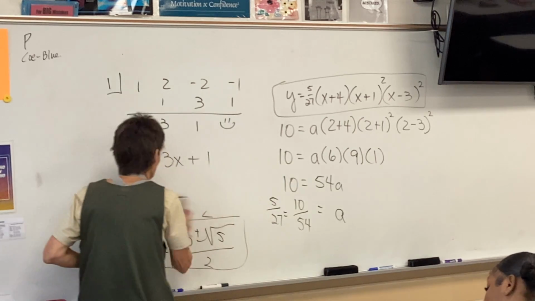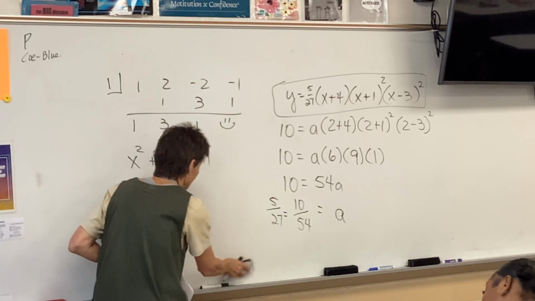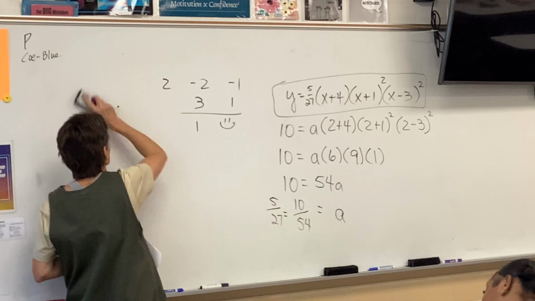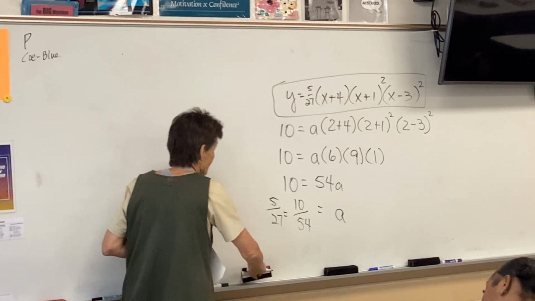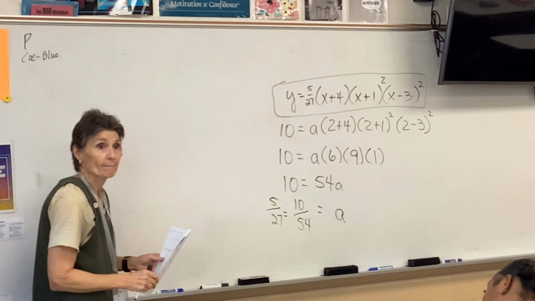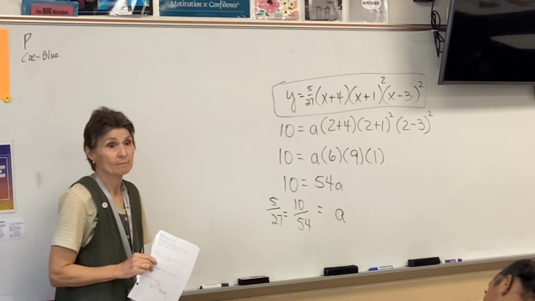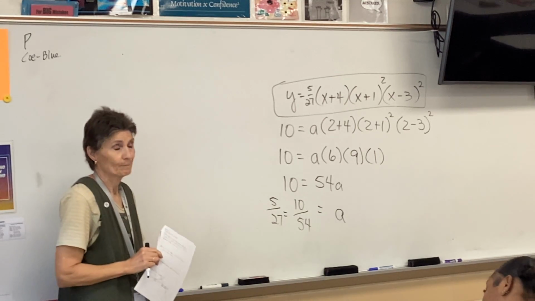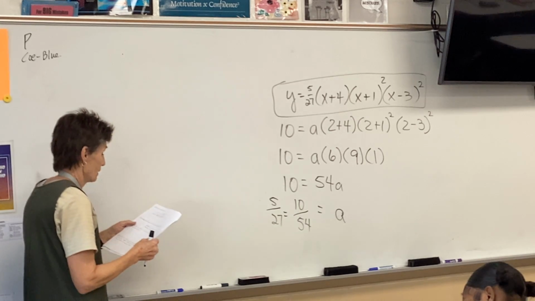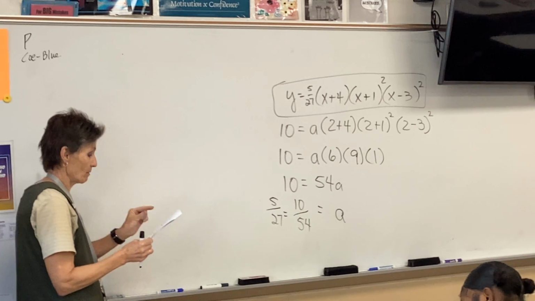Anybody have a question about any of that? If we left it as 10 over 54, is that wrong? Not wrong, but minus a little bit, because we always reduce our fractions. But certainly just a small amount off.